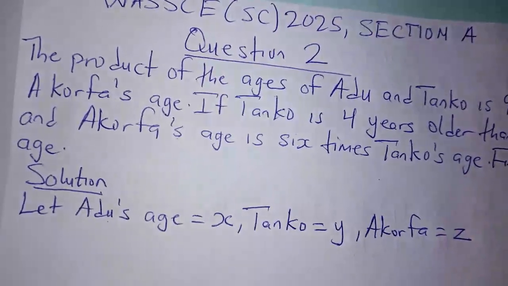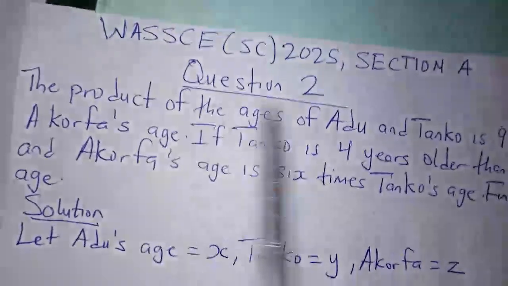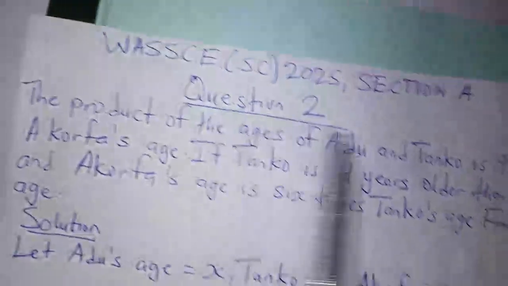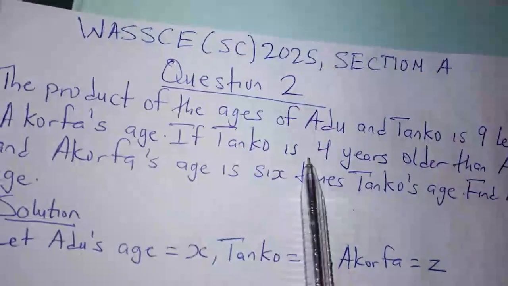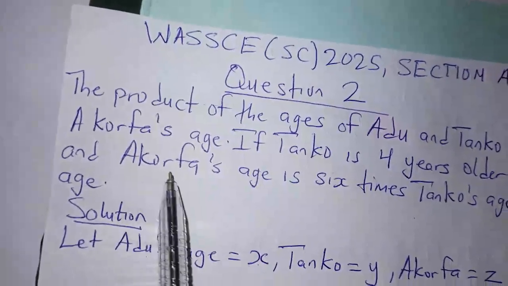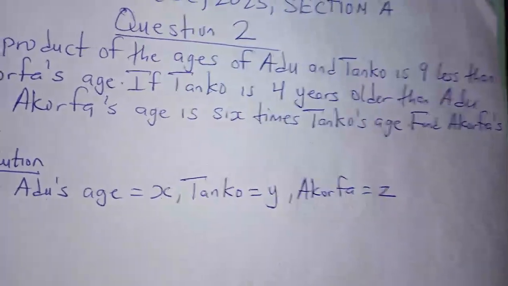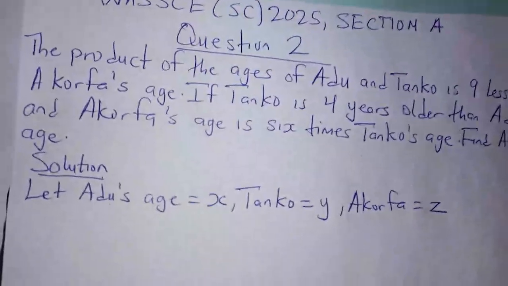So the question can now be read as the product of X and Y is 9 less than Akofa's age Z. If Tanko, that's Y, is 4 more than Adu X, and Z is 6 times Y. So that is one of the reasons we use letters to represent our unknowns. That makes solving our problem easier.